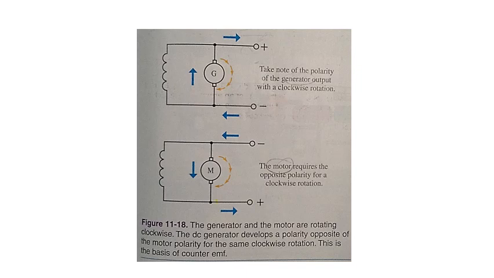Counter electromotive force is often written as counter EMF or CEMF. It is a result of the generator action of the motor. If the motor were connected to a prime mover and rotated in the same direction as the DC motor, it would produce a voltage with the opposite polarity. See figure 11-18.